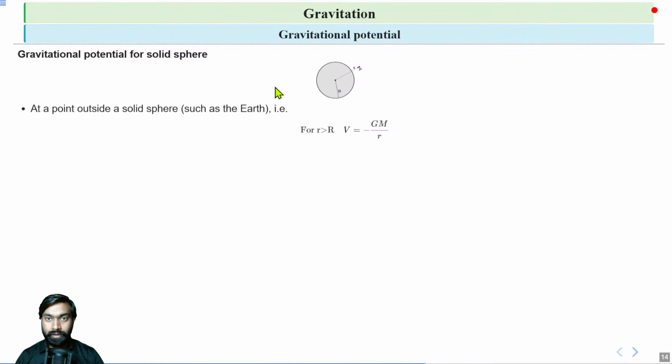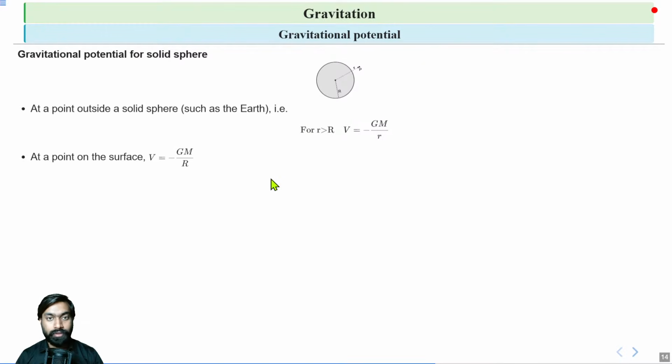First case, outside the sphere. Here small r is greater than the radius of the solid sphere, so the potential will be V equal to minus GM divided by r.